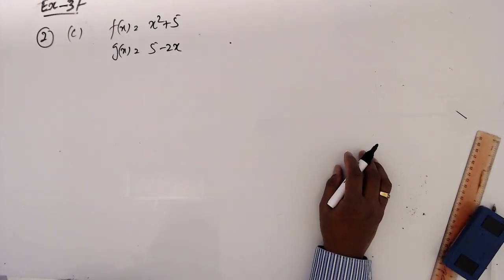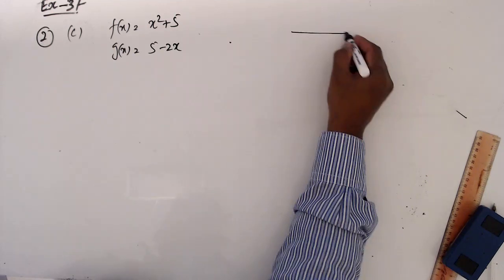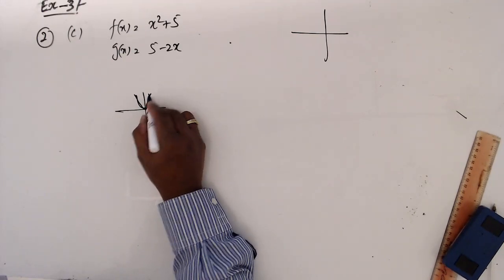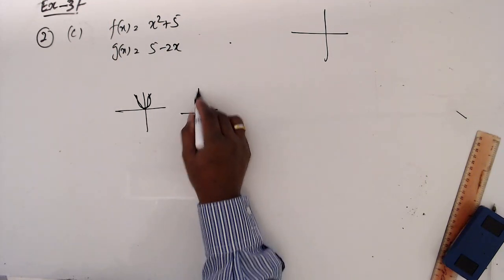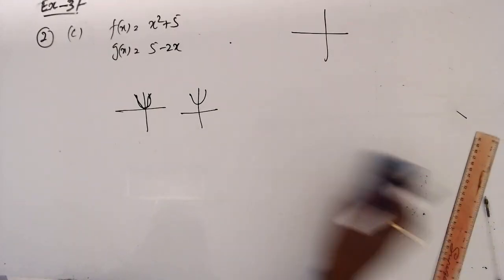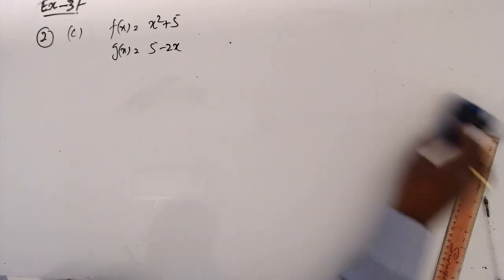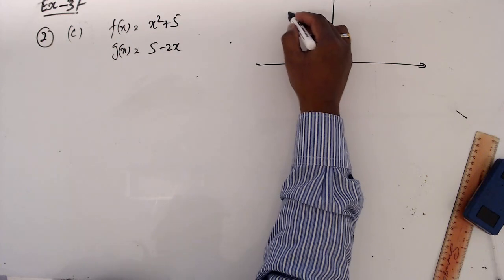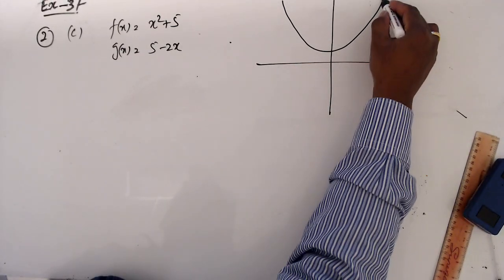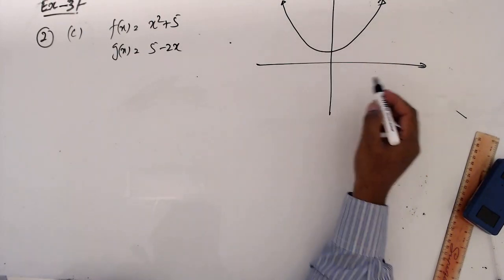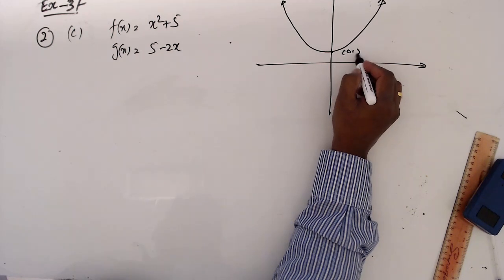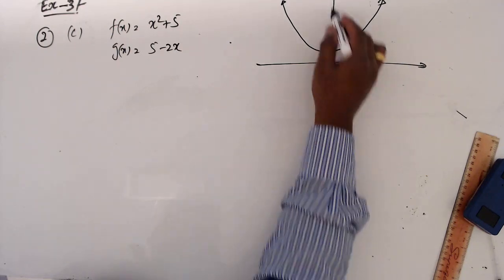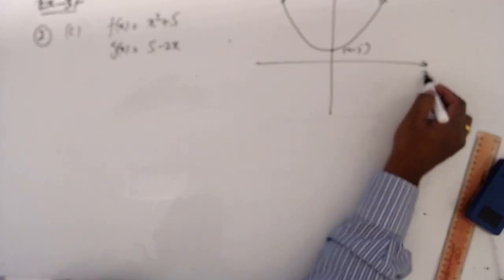Part C, the sketching part. This is y equals x squared. So we want to shift up by 5. When x equals 0, y is 5. You can look at it that way as well.